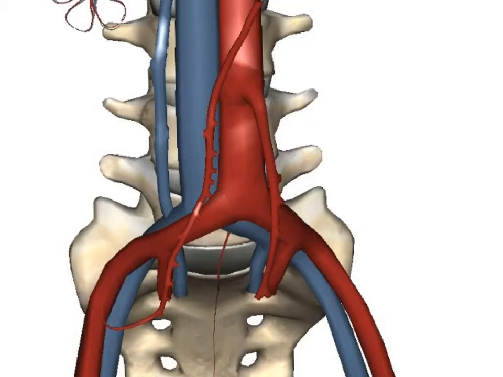The internal iliac arteries supply the pelvis and the perineum, and also a little bit of the posterior thigh. The veins do tend to mirror the arteries in these segments, so you've got the external iliac artery, external iliac vein, internal iliac vein, etc., before it gets into the inferior vena cava.